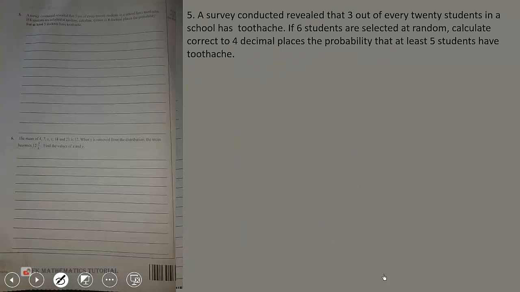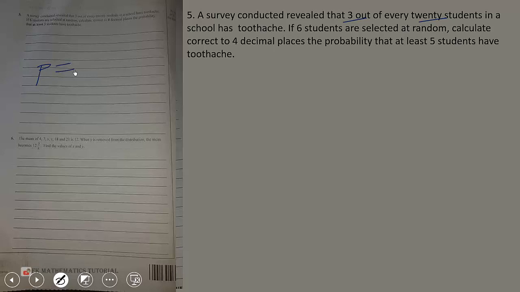A survey conducted revealed that 3 out of every 20 students in a school has toothache. If 6 students are selected at random, calculate, correct to 4 decimal places, the probability that at least 5 students have toothache. Okay, so we have 3 out of 20 students. So this is a binomial probability.